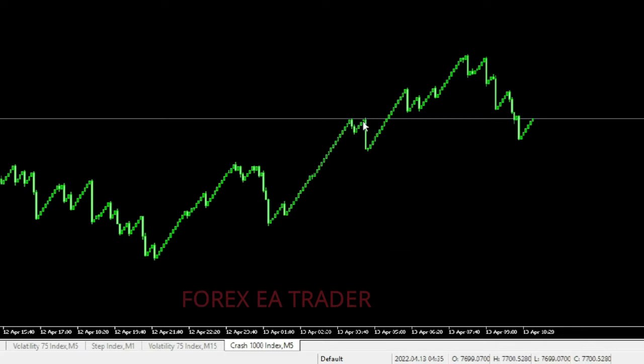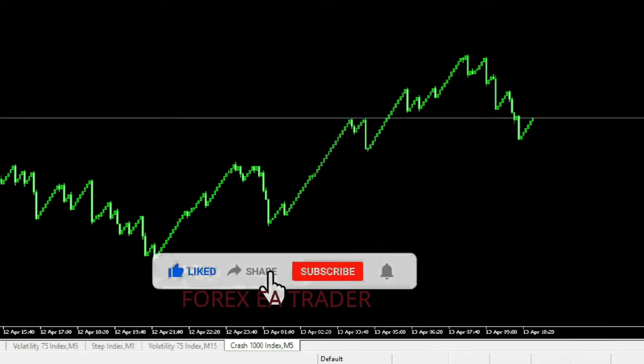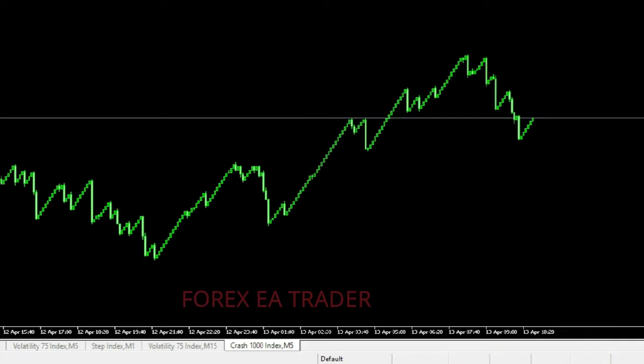So if you are going to have a robot that is selling on crash on a lower time frame like M5 or M1, it's going to be impossible, because it's going to open the sell trade here.